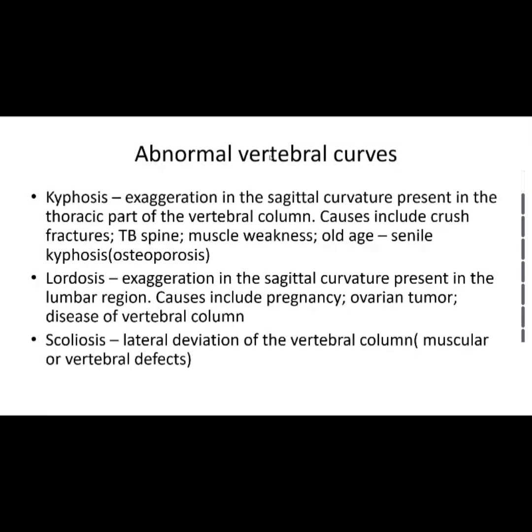Scoliosis is lateral deviation of the vertebral column. This could be because of muscular or vertebral defects, and it can be at any level, the thoracic or lumbar region mostly. That is what is called scoliosis.